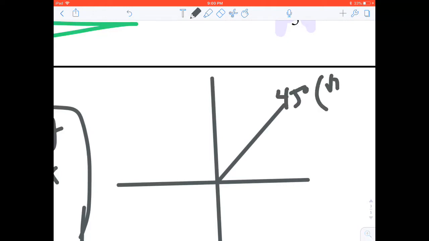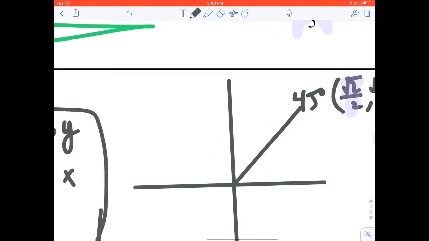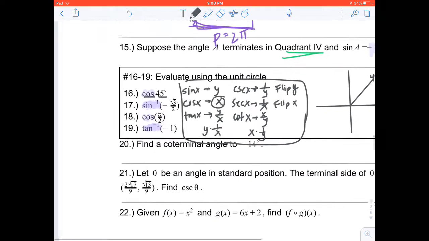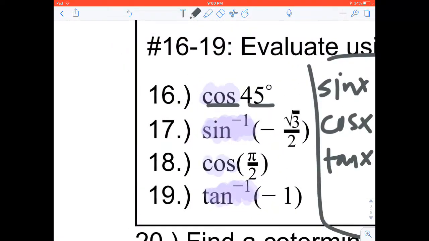The point at that angle is root 2 over 2, comma root 2 over 2. So we need to look at the x-coordinate. The x-coordinate is root 2 over 2. So that is our answer for number 16, root 2 over 2. I'm going to write that on the side here. We just need to know what is the cosine of 45 degrees.